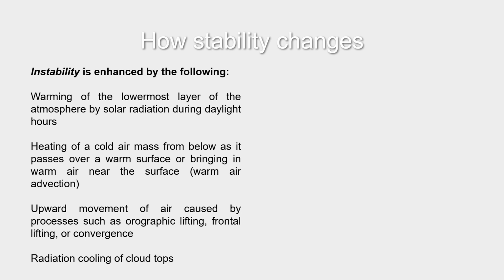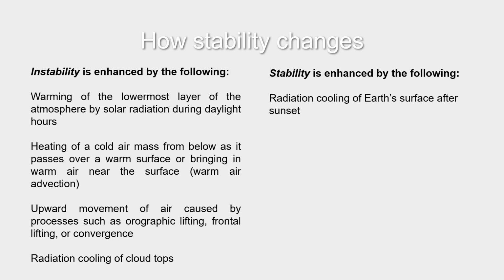So we've already seen this, and the radiation cooling of cloud tops, as we've just seen in the previous slide. And now, because we're talking about the changes of stability and how it really happens, we have instability and now the stability. So the stability is enhanced when there's a radiation cooling of Earth's surface after sunset.